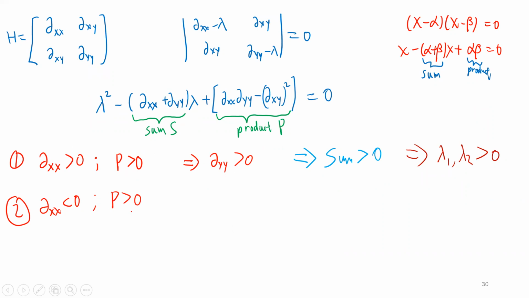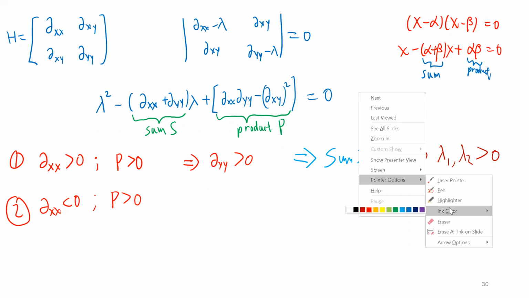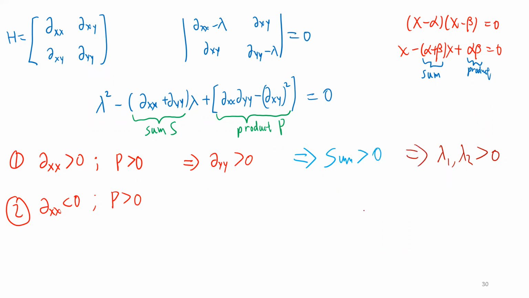Then you are able to show that both lambdas are smaller than 0, and that's why you have a maximum point.